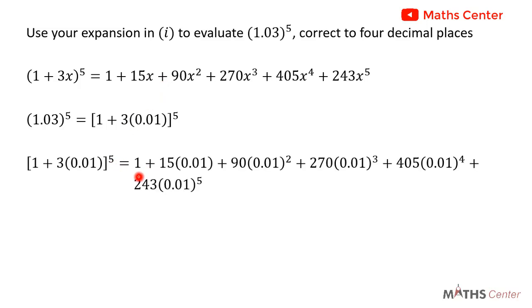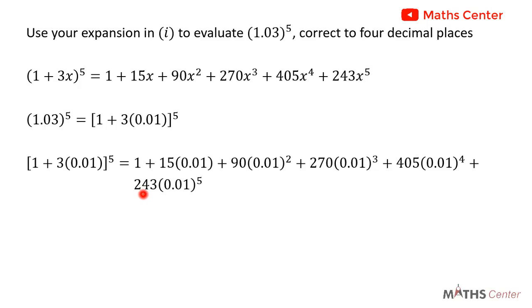When we do that, we are going to have 1 plus 15 into bracket 0.01 plus 90 into bracket 0.01 squared plus 270 into bracket 0.01 cube plus 405 times 0.01 exponent 4 plus 243 times 0.01 exponent 5.